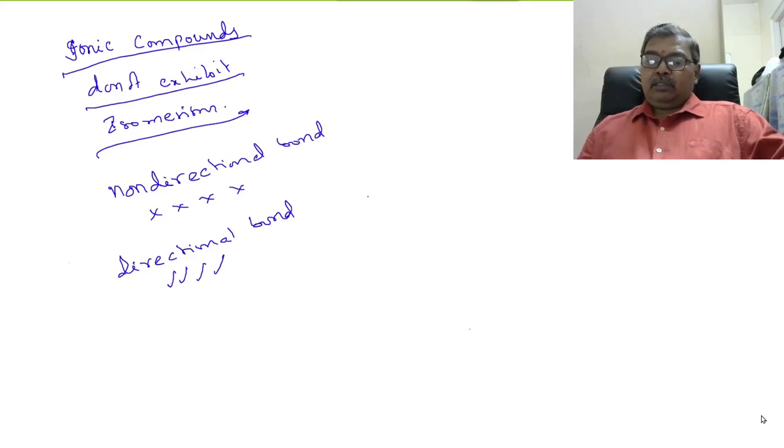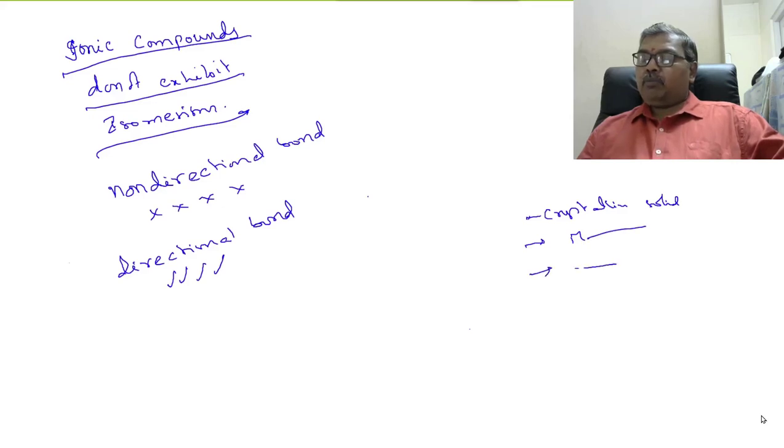Okay. So here we are in the stage of learning the properties of ionic compounds. Ionic compounds generally exist in the crystalline solid state. Ionic compounds have high melting and boiling points. Ionic compounds are readily soluble in polar solvents like water.